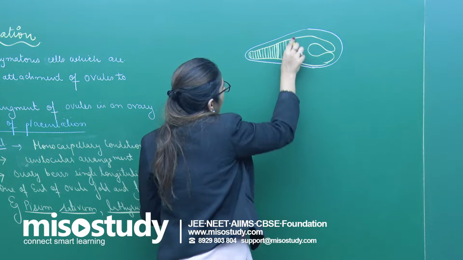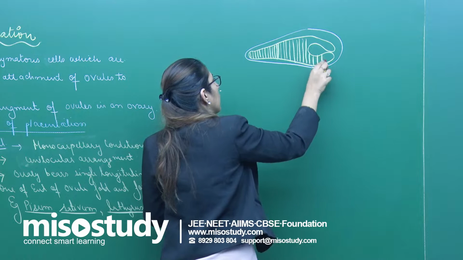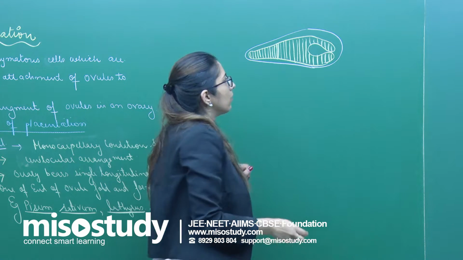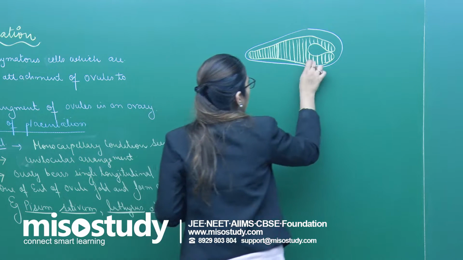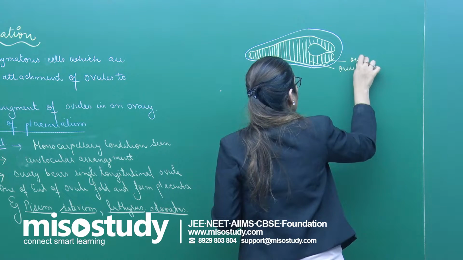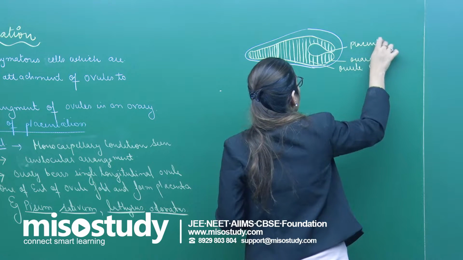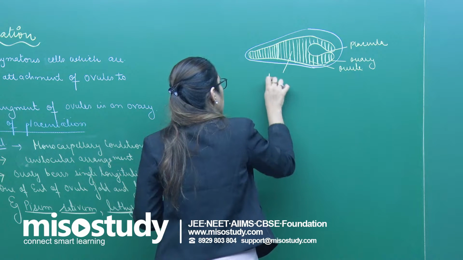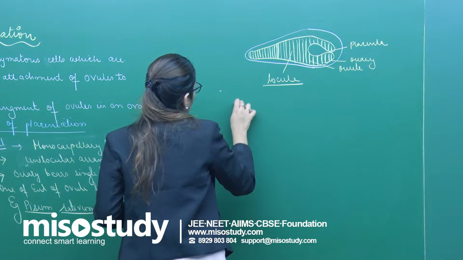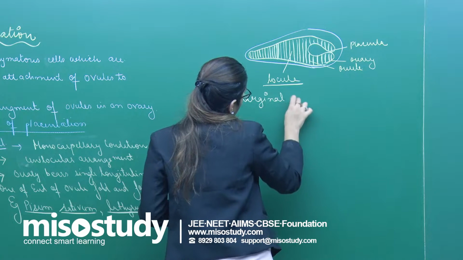That is the reason this is called unilocular. Right? This is called the ovule. This is called the ovary wall. This is called the placenta. And this is called the locule. Right? So this is an example of marginal placentation.